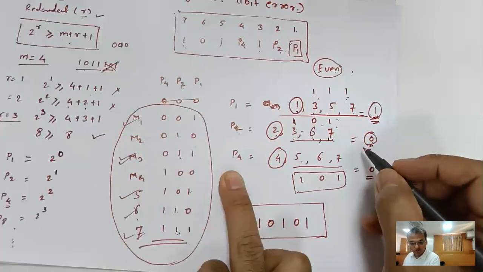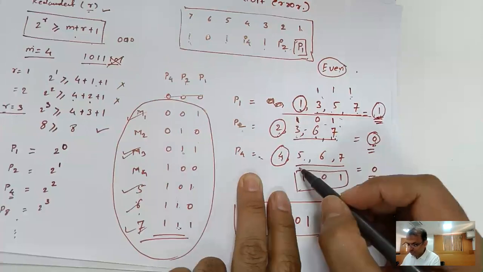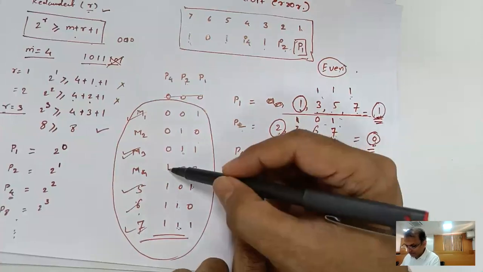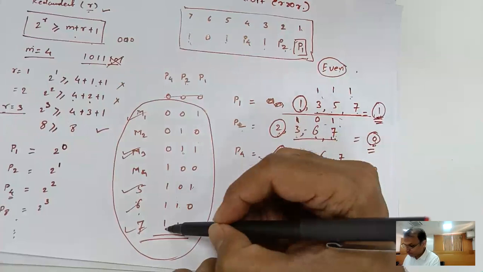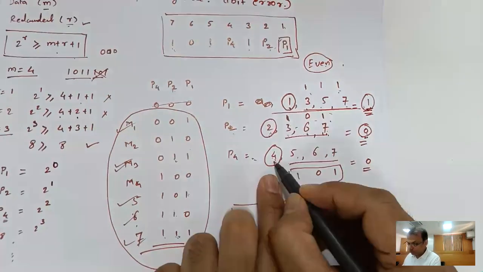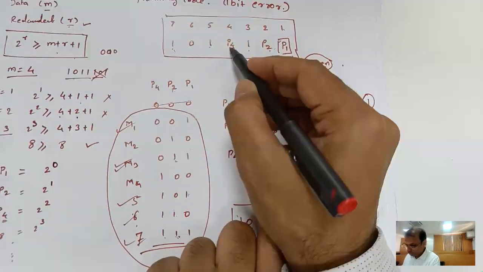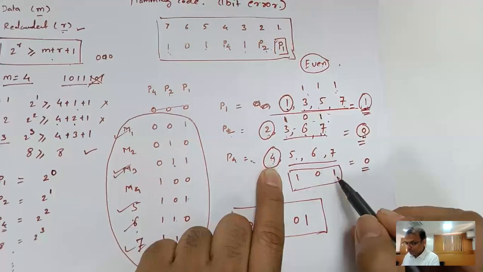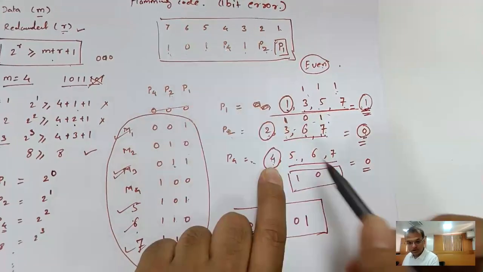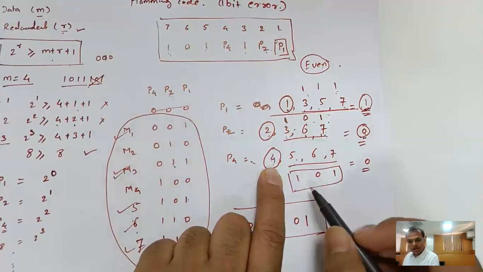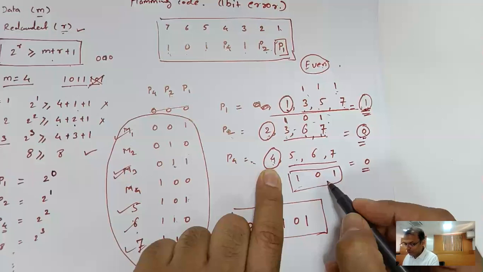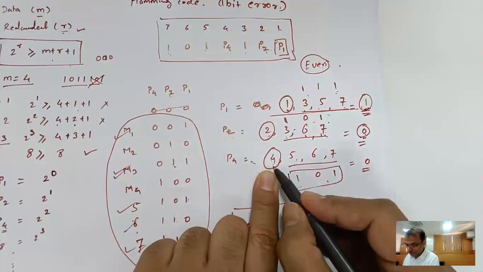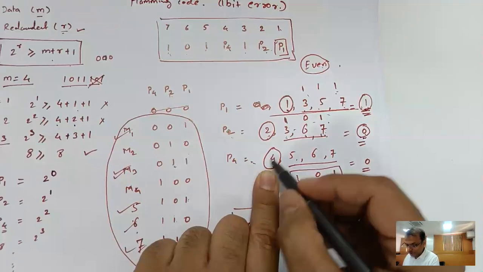Similarly, P4. For P4, which are the positions having 1? 4, 5, 6, 7. Okay, out of which the fourth bit you want to find out. So let us put the values of 5, 6, 7. 5, 6, 7, 1, 0, 1. Okay, it is again even parity. So if you put the value of P4 as 0, the complete parity will be again even.